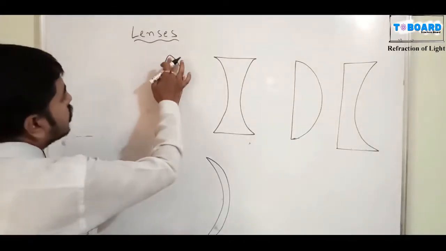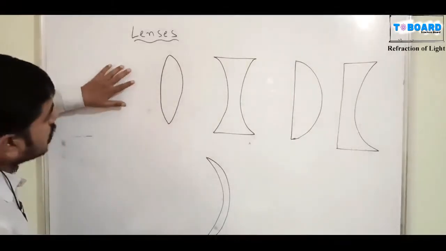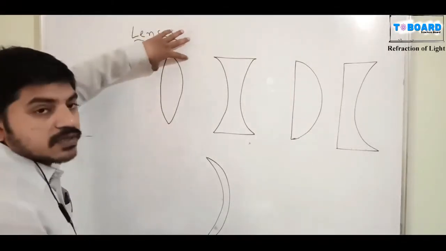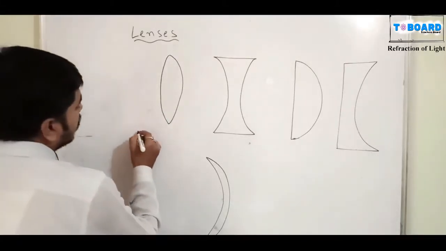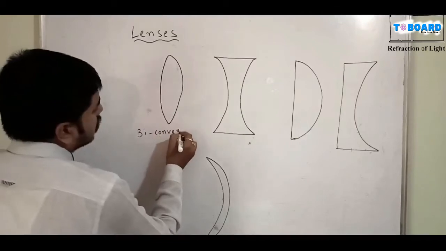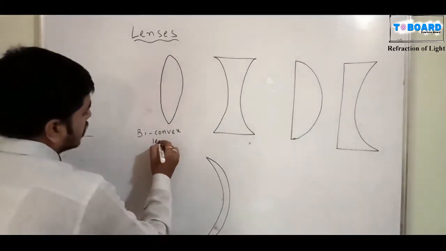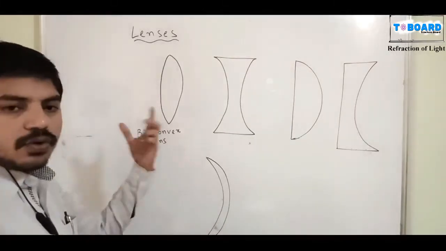If I observe this side, it also looks like a convex surface. How many surfaces are there? Two surfaces, and both are convex. That's why we call it a biconvex lens.